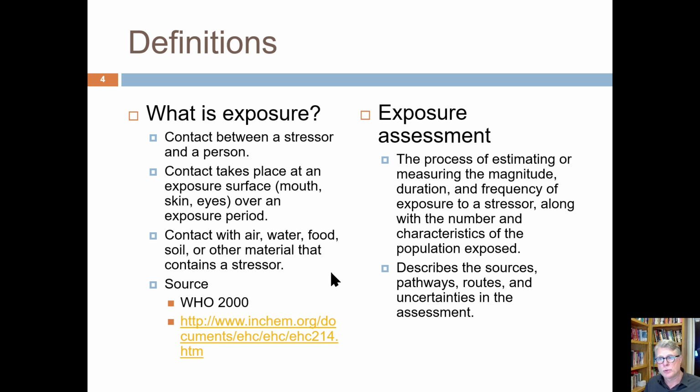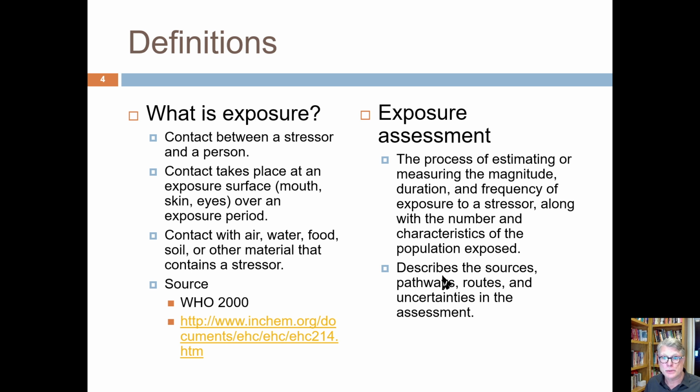How about exposure assessment? That phrase refers to the process of estimating or measuring the magnitude, duration, and frequency of exposure to a stressor, along with the number of people exposed and the characteristics of those people, like where they are, what they do, what other risk-related features they may have, like pre-existing disease, for example.